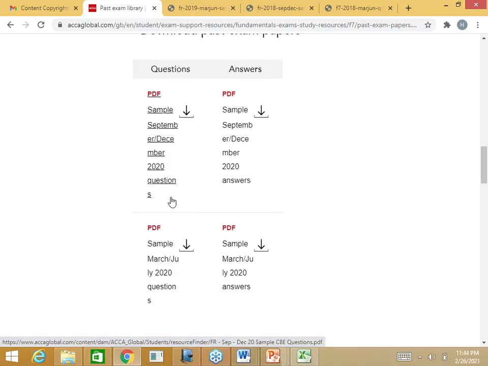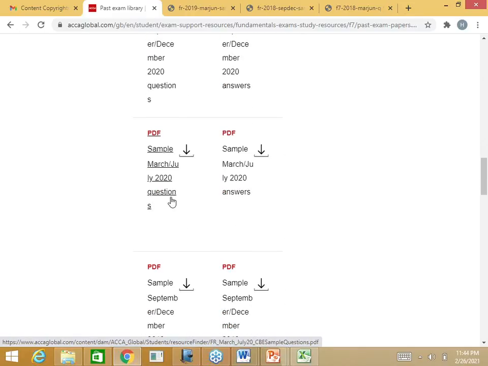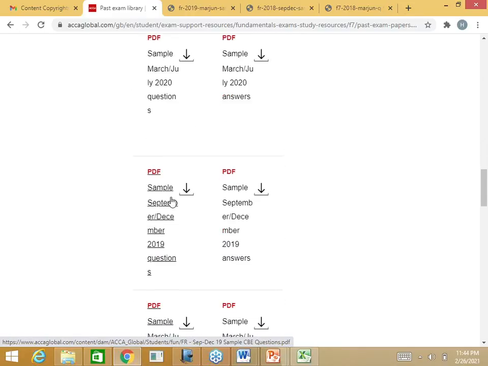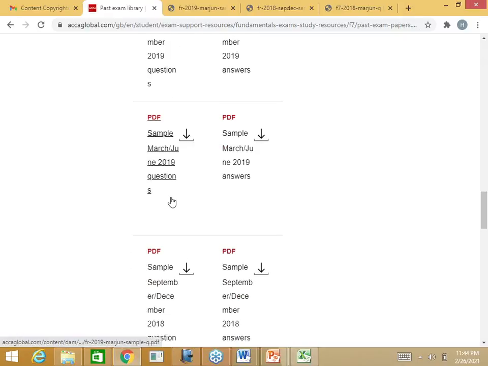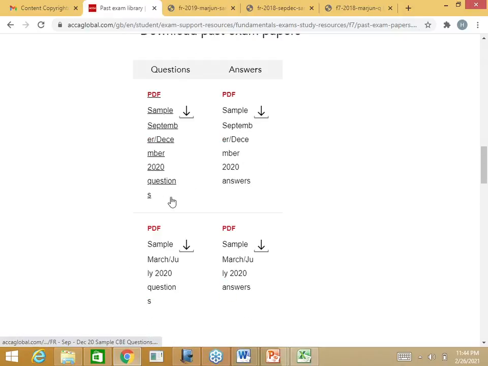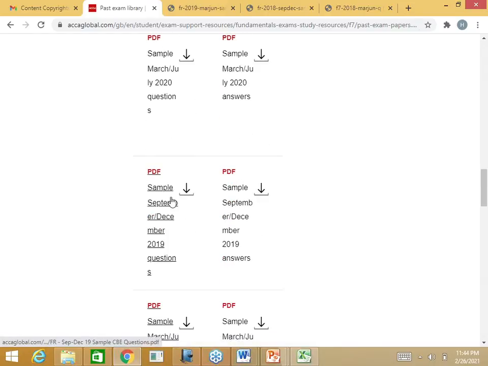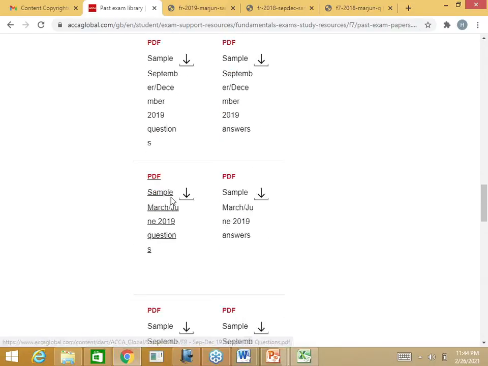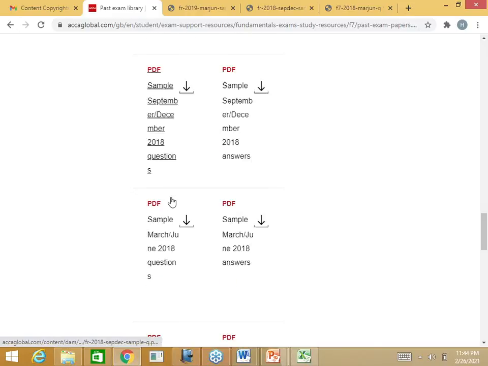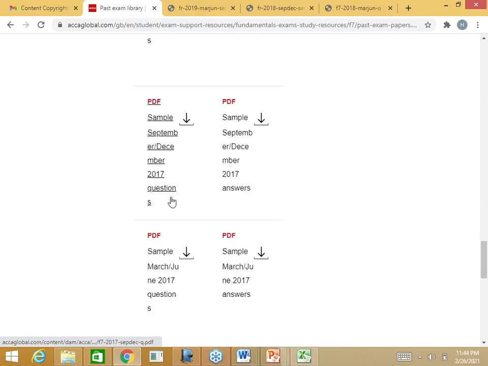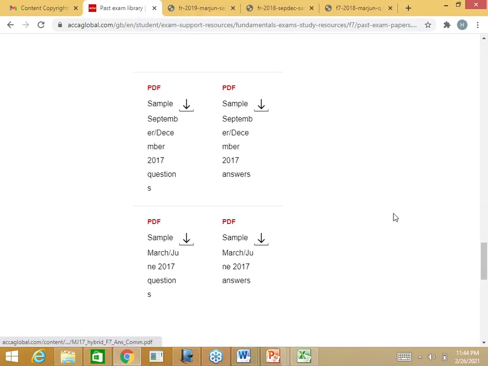Select this paper, try to solve the question of the ratio analysis, then go in the downward direction from September, December, and then March, June, then September 19, December 19, March 19, and then go till March, June 17. Believe me, if you solve all these questions, you will be perfect in the topic of ratios.